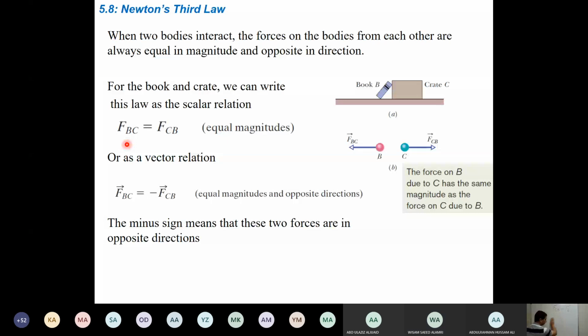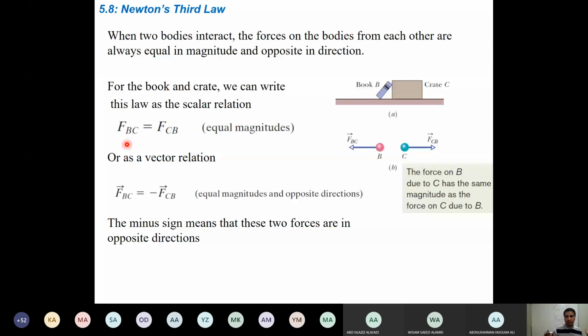But whenever I'm taking this outside of the modulus and not talking about the magnitude, then I can write vector CB equal to negative of vector BC. Okay, so the force on the book from the crate and the force on the crate from the block have negative signs, and it doesn't matter whether the negative sign is on the left or the right; it just tells you the direction that these two forces are opposite to each other.